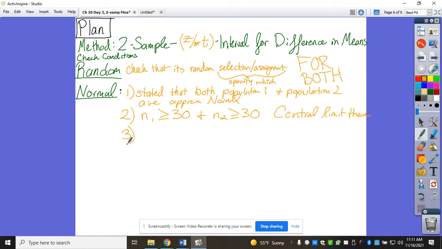Or my last option would be what? And it is a histogram of values for both. So it would be 2 separate histograms, and then we're checking what 2 things?